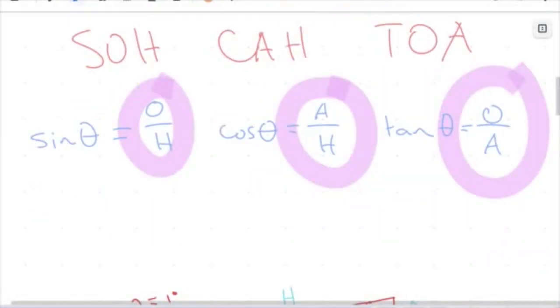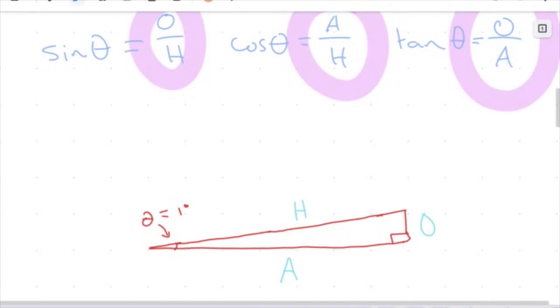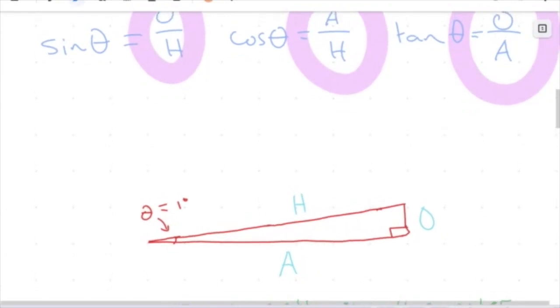So what I've drawn down the bottom here is what a triangle would roughly look like if we had a really small angle. A tiny angle means that these two angle arms, this one and this one, are going to be very, very close together.